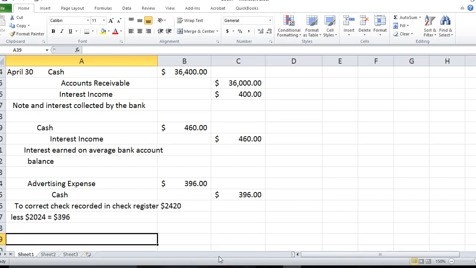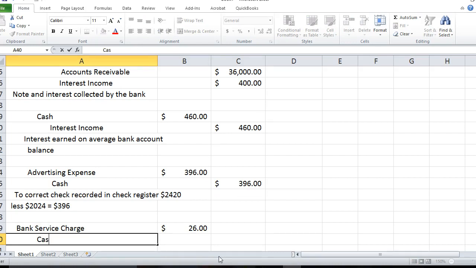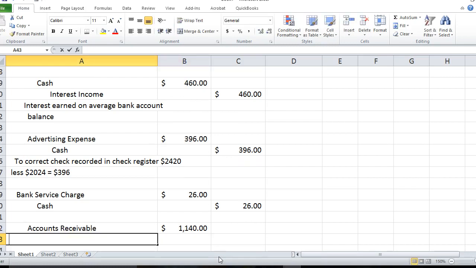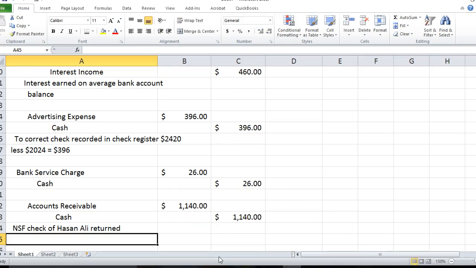Okay. We also have a bank service charge of $26. That reduced our cash by $26. And now we have that NSF. We don't have the money we thought we had. The accounts receivable now gets debited again for $1,140, and our cash gets credited to just show NSF check of Hassan Ali returned.